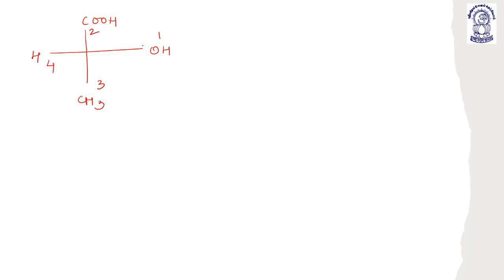So we are moving from 1 to 2, that is anti-clockwise. So it is the R form, because the minimum priority group is present on the horizontal line. That is why we are considering anti-clockwise as R and clockwise as S.